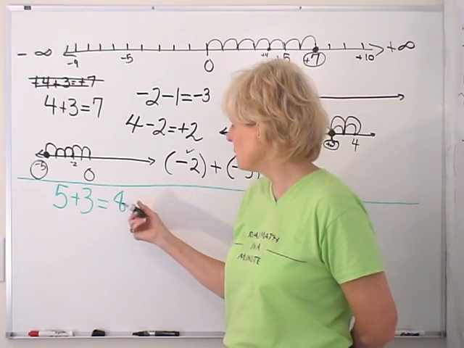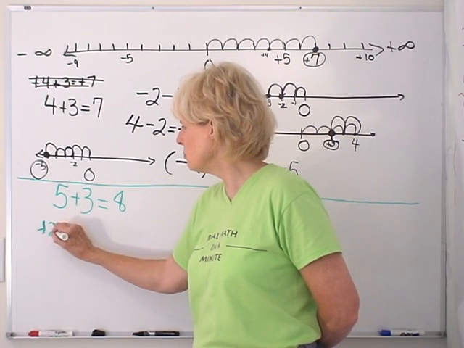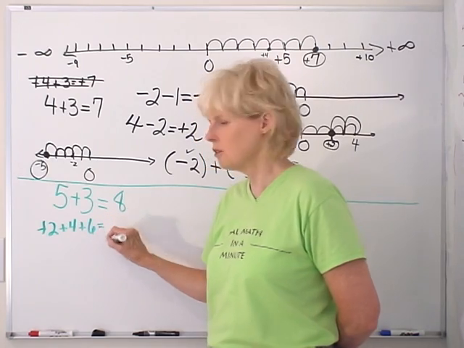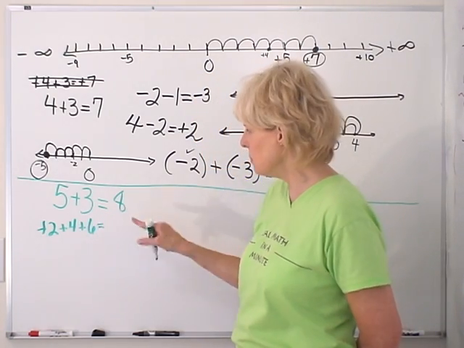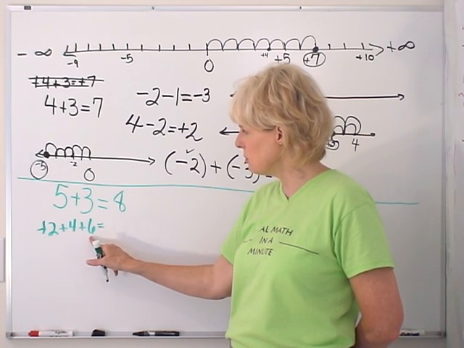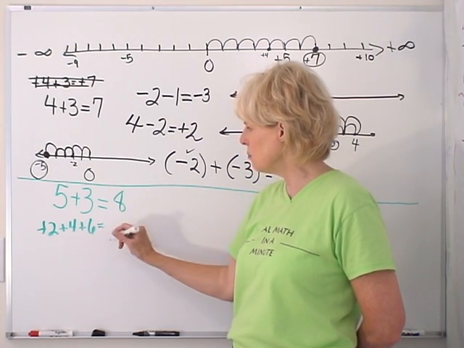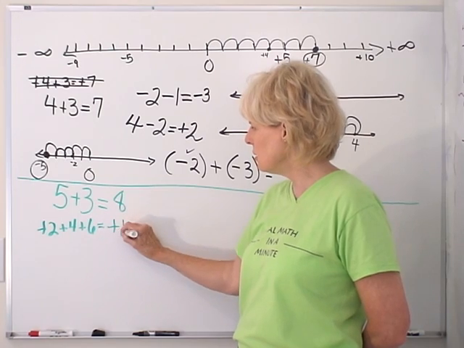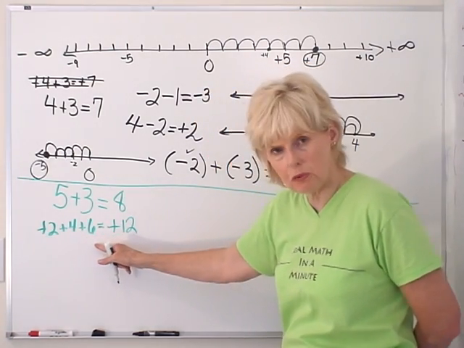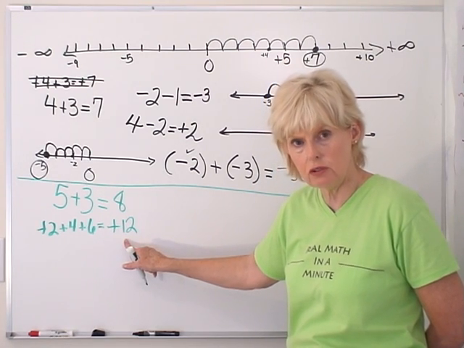So if you saw something like a positive 2 and positive 4 and positive 6, as long as they're all positives, they're all jumping to the right. They jump 2, they jump 4, they jump 6. How many jumps all together? That would be 12 jumps to the right. Answer, positive 12. If they're all jumping in the same direction, that's the sign you use.